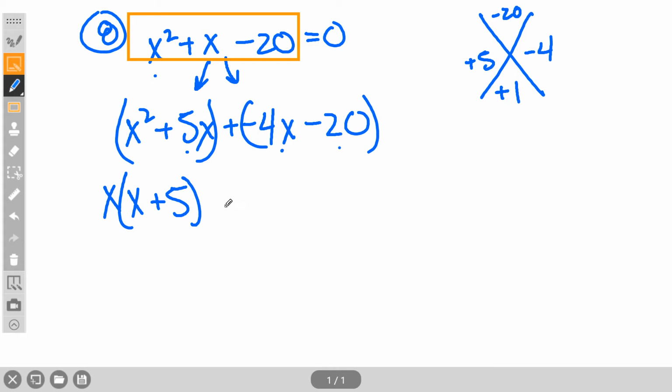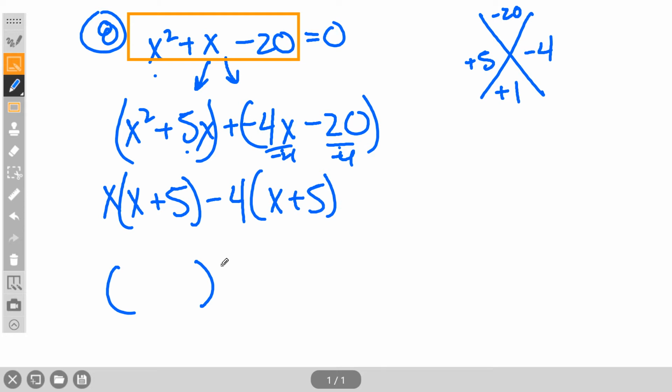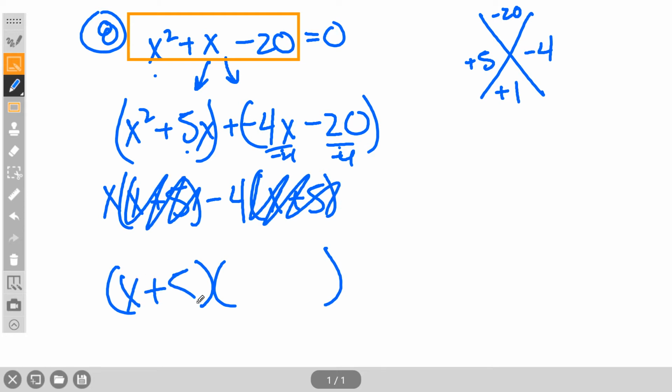GCF here is negative 4, so I can take a negative 4 out of these two, leaving me with x plus 5, which is what I want these two to both be. These are the same. Okay, so one of the factors is what they have in common, x plus 5, and the other factor is the GCFs that I took out, x minus 4.